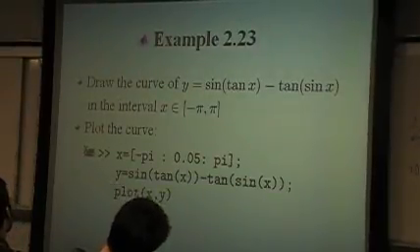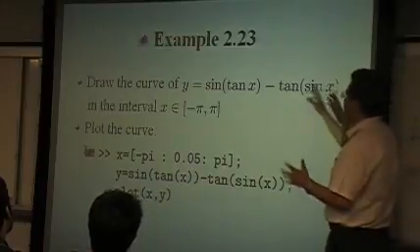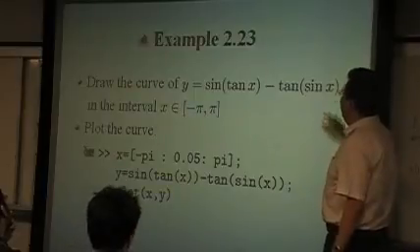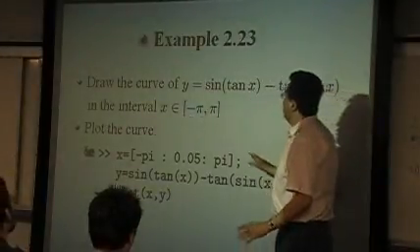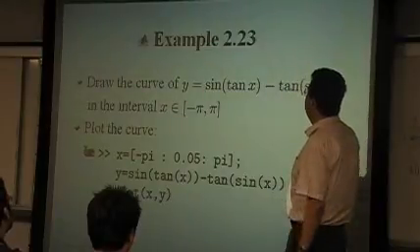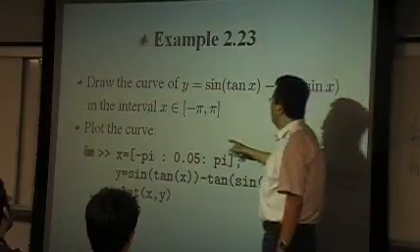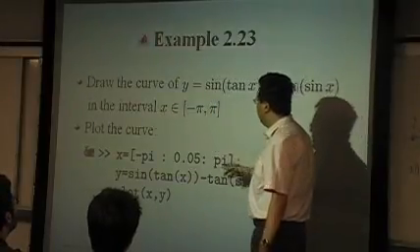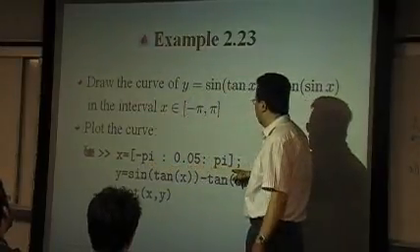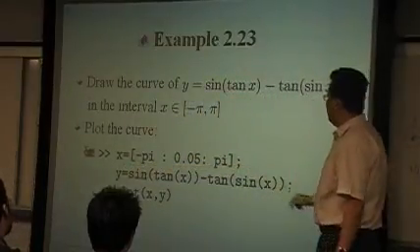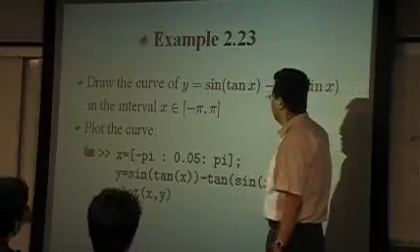For instance, if we want to draw this curve with a given mathematical formula, and x is given in the interval minus pi up to pi, so how can we draw the curve? First, we can generate an x vector, and we can use the colon expression to generate an x vector, where 0.05 is the increment.